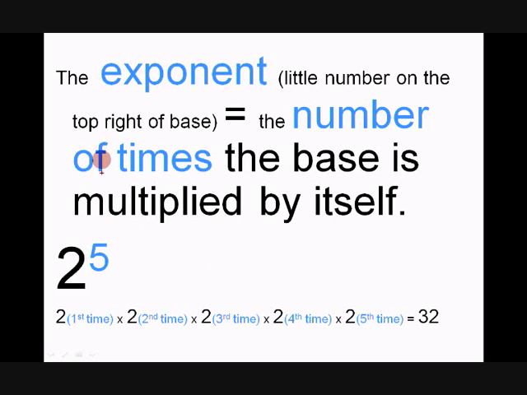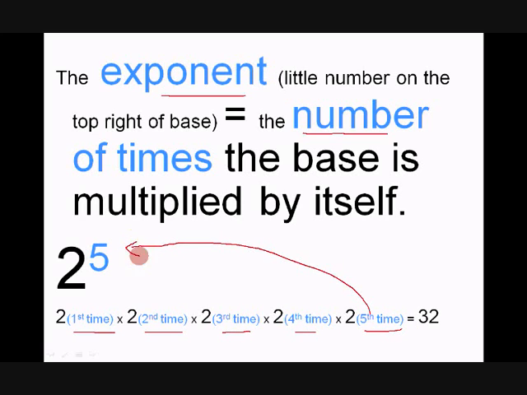The exponent, this little number, is nothing but the number of times the base is multiplied by itself: first time, second time, third time, fourth time, and fifth time. So the number of times, five, becomes the exponent here. This is the product.